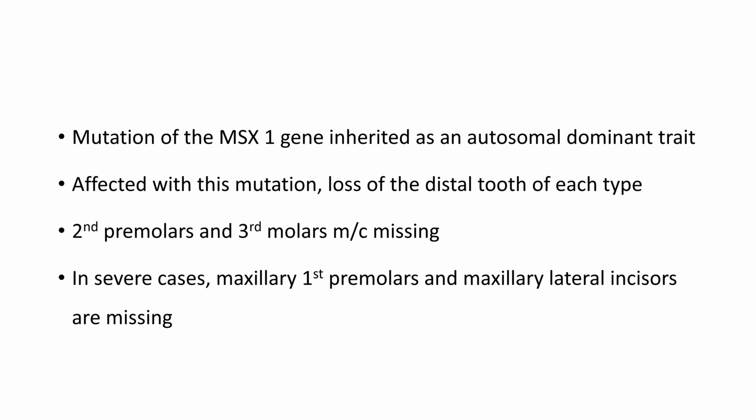In severe cases, often the maxillary first premolars and maxillary lateral incisors are also missing. With this MSX1 gene mutation, the degree of oligodontia is so severe, with an average of approximately 12 missing teeth per patient.